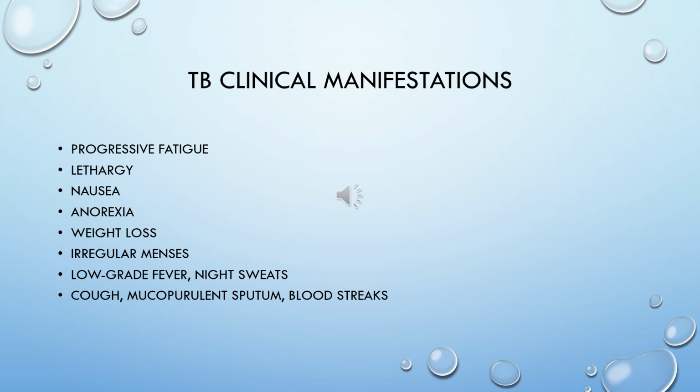So clinical manifestations of TB. What would you expect to see in the patient who actually has TB? Keep in mind, again, you want to do a good history on the patient, especially the social aspect of that, and how they travel, those kinds of things. So what do we look for? Progressive fatigue.